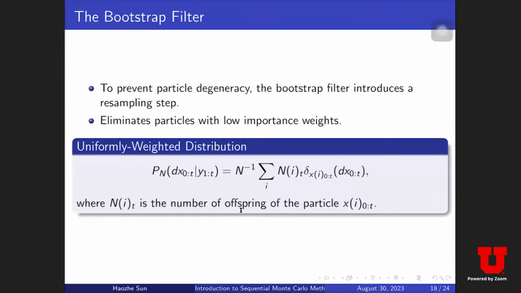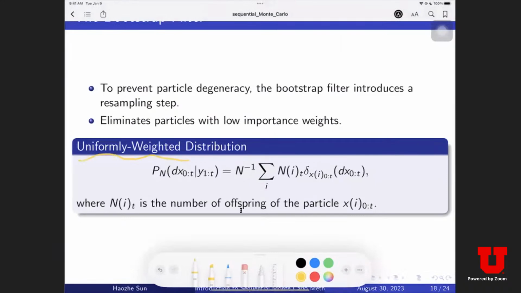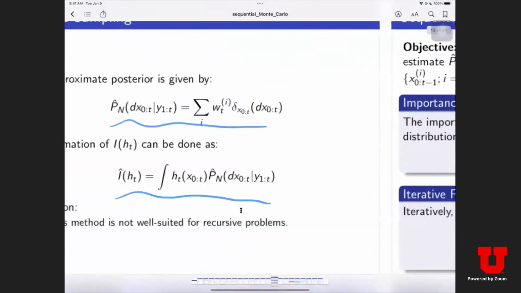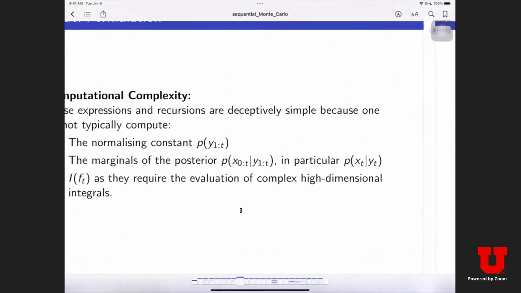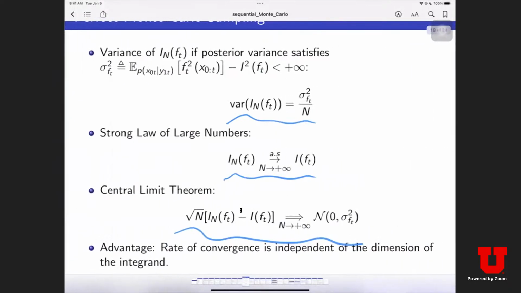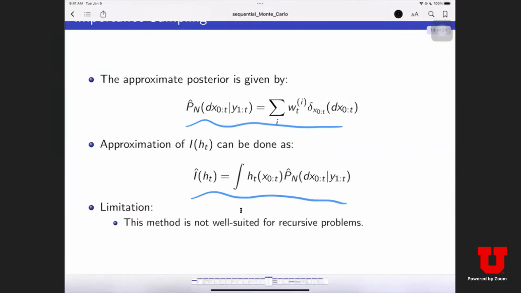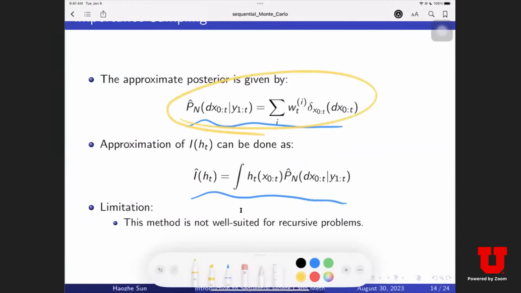More formally, we replace the weighted empirical distributions by the unweighted measure. It is a uniformly weighted distribution Pn, and in the previous slides we can find the weighted distribution.